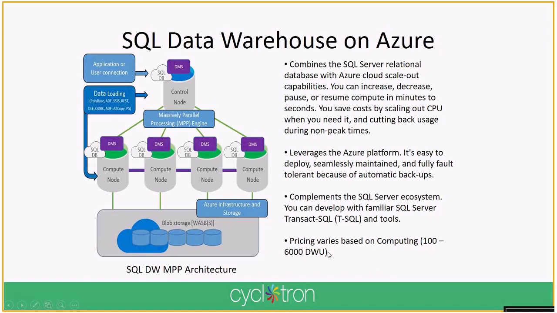A DWU is a combination of compute, storage and network resources combined together. Normally, when we start working with a client, we recommend a specific DWU based upon their current scenario, and then assist them with ramping the DWU up or going lower based upon their needs.